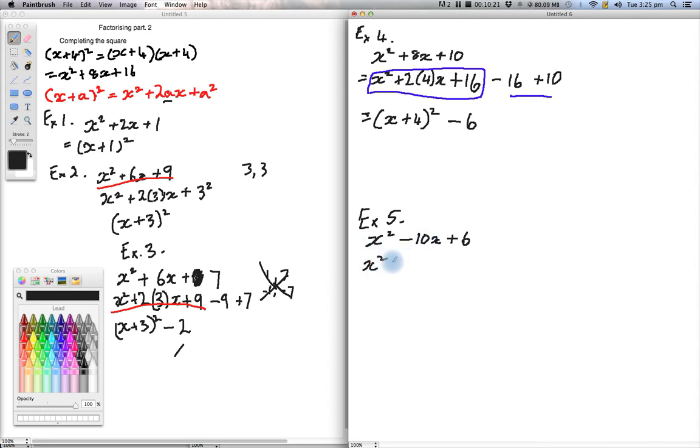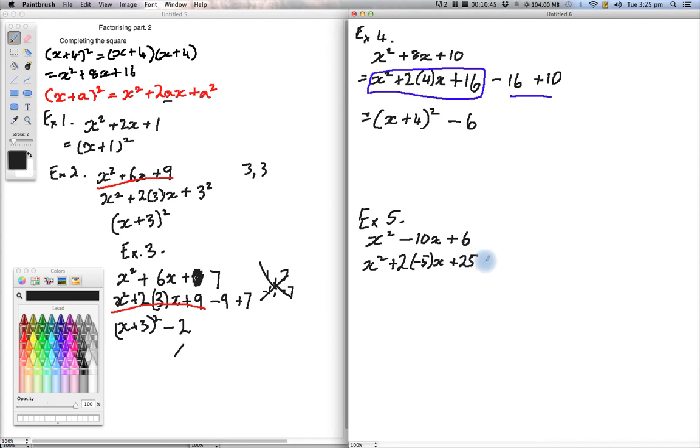Okay, so once again, x squared minus 10. So we've got to make it a plus here because our formula's a plus. So plus 2 times minus 5 in brackets, x. Now our minus 5 times itself, minus 5 times itself is plus 25.